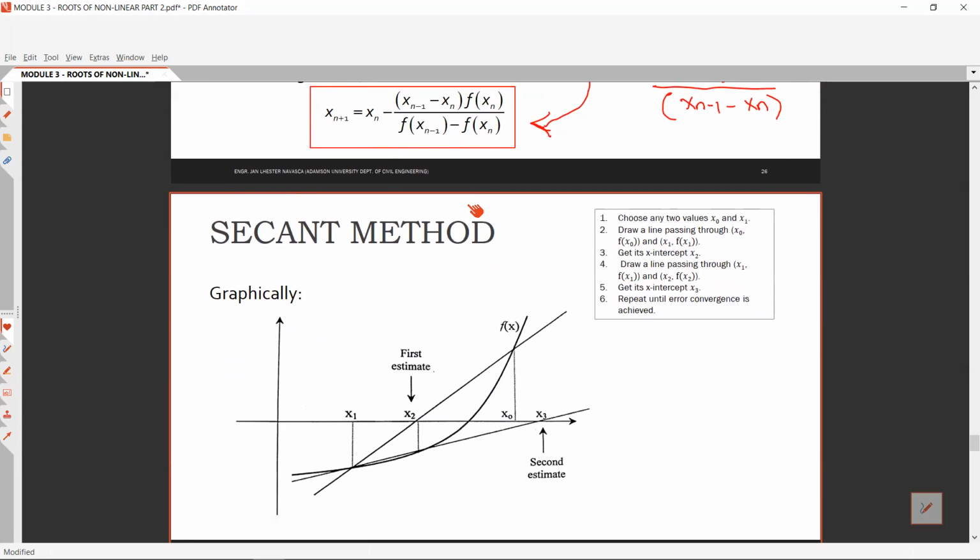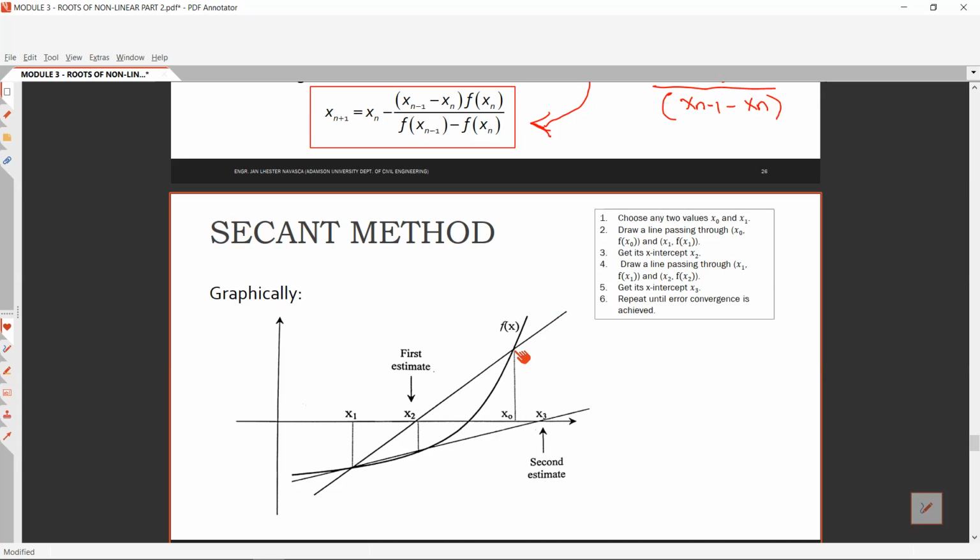So for the second method, graphically, okay, this one, you will choose any two values, x sub 0 and x sub 1. Okay, draw a line that passes through those points. Okay. Passing through the point x sub 0 comma f of x sub 0.